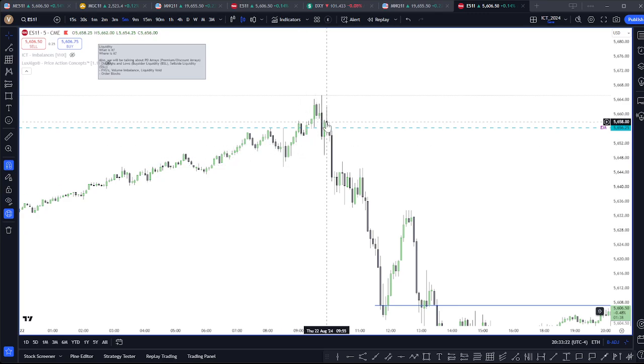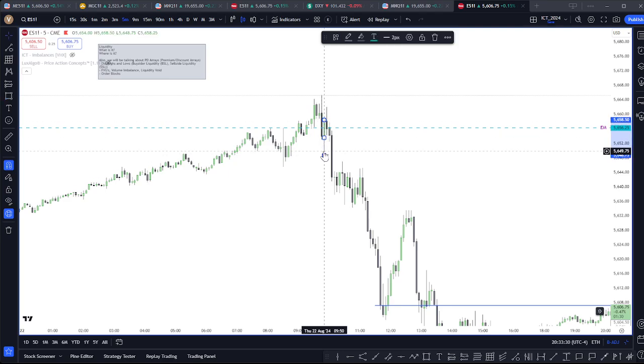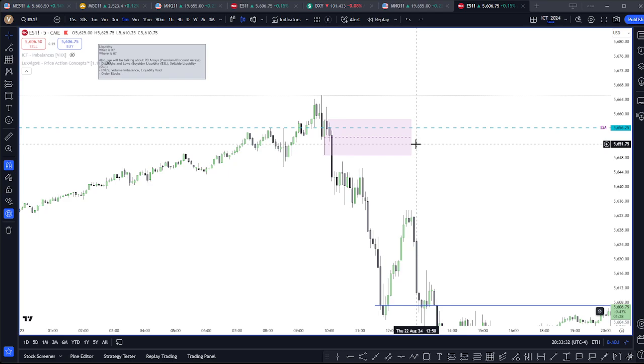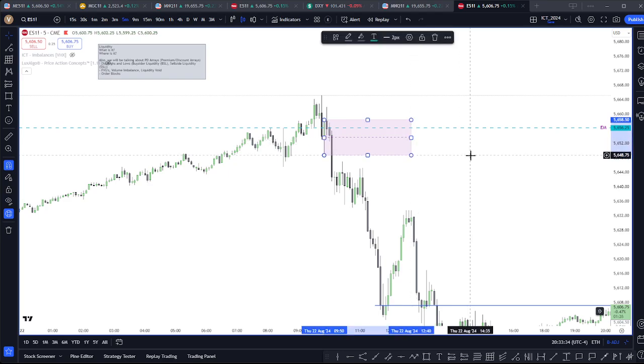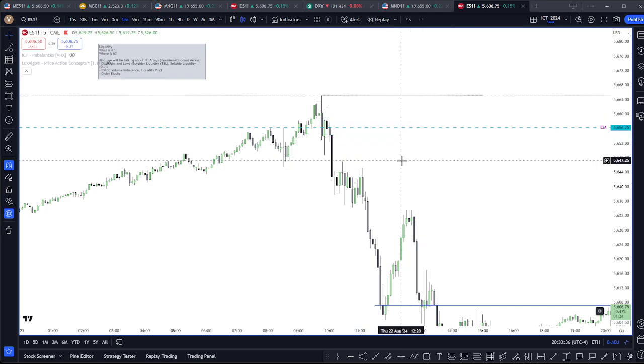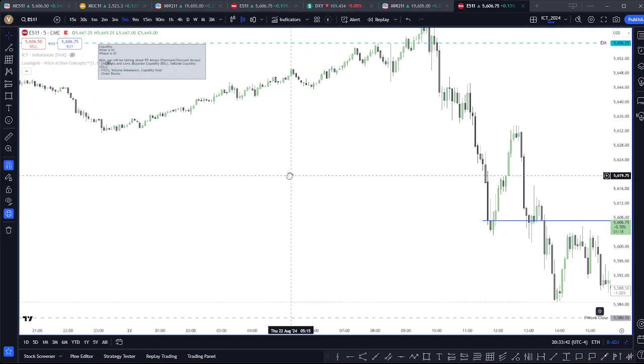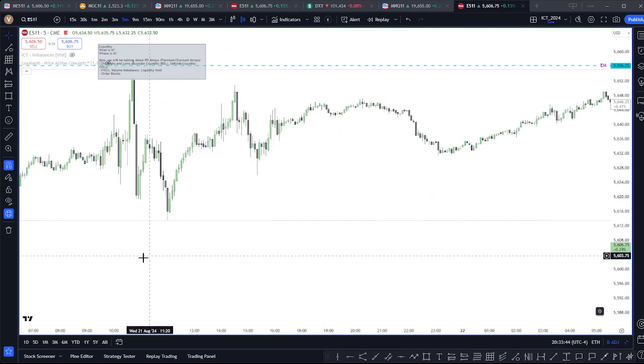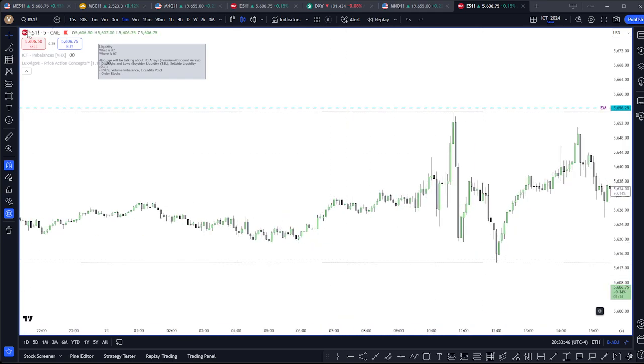Okay, this was an order block here. This one. So this will become significant at some point of time. So this way you keep looking at it and then you'll realize how price action is moving and how it starts making a lot more sense.